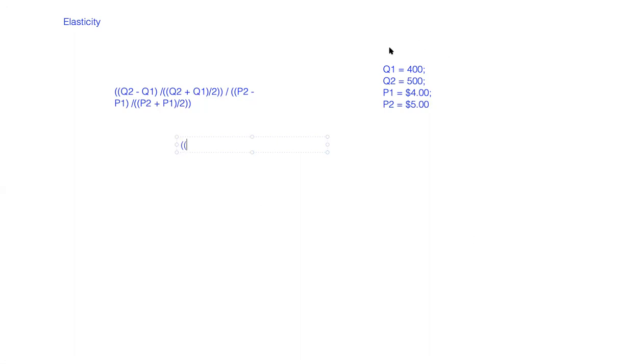Regardless of whether these quantities are for demand or supply, the formula stays exactly constant. Okay, so we have 500 minus 400, divided by 500 plus 400, divided by 2.